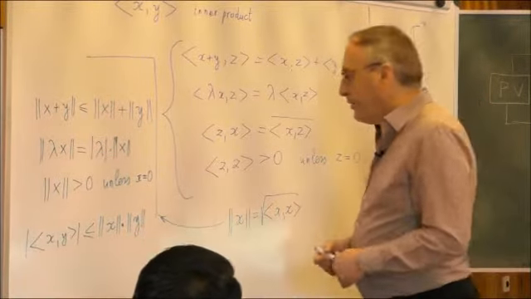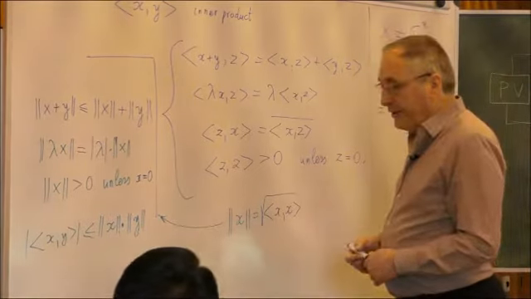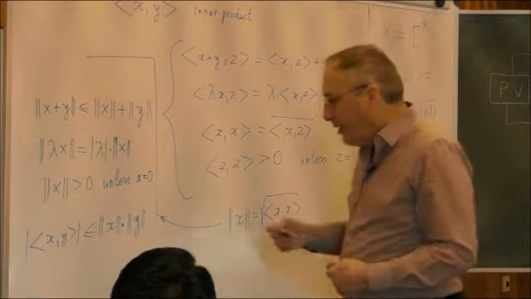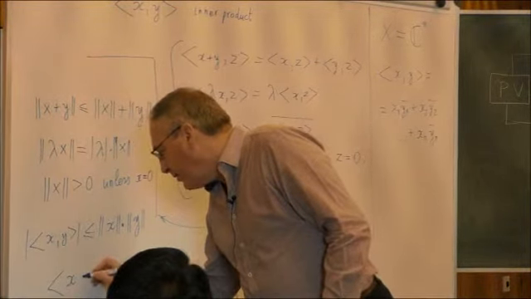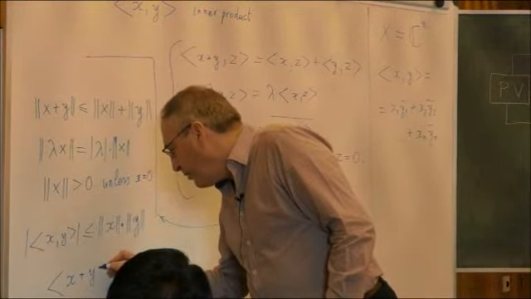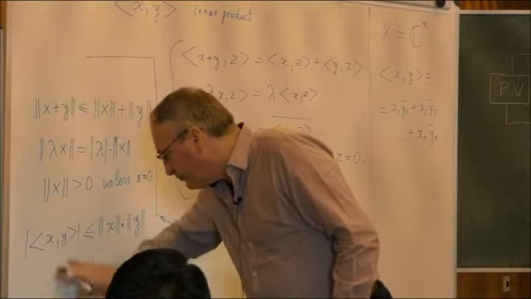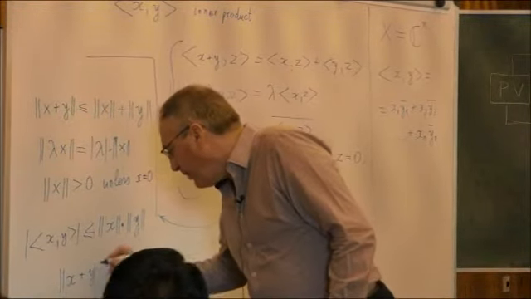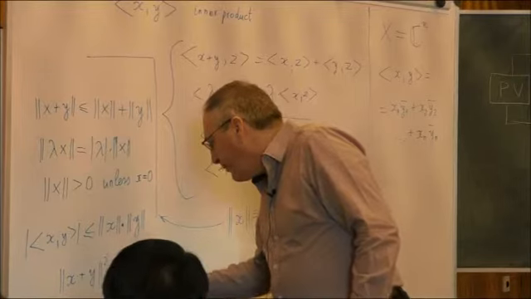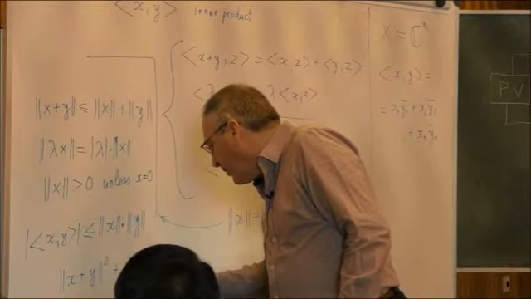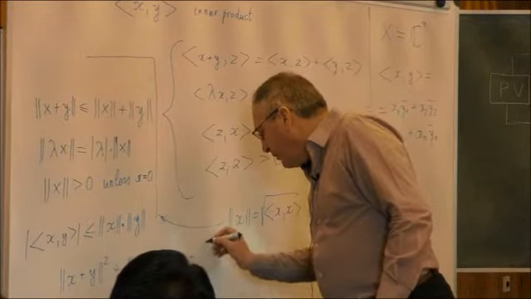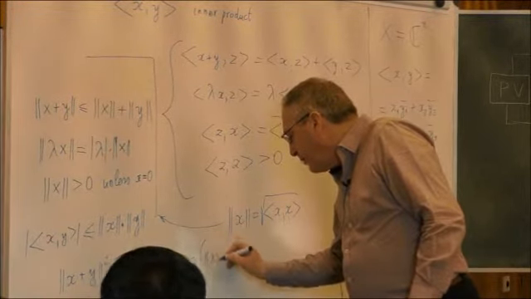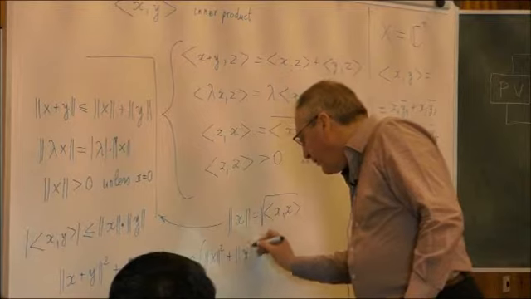There is another nice identity which is specific to this kind of norm, which is called the parallelogram identity, which is that the norm of X plus Y squared plus the norm of X minus Y squared is equal to twice the norm of X squared plus the norm of Y squared.